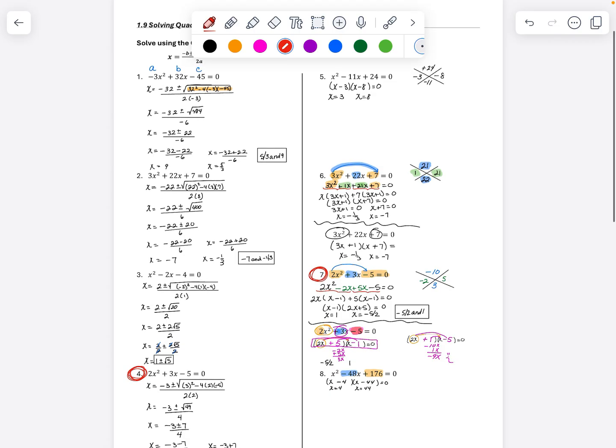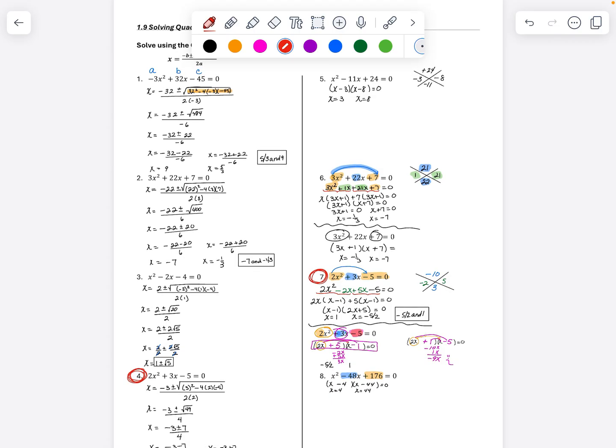I thought I did that somewhere else. 3 and 7. Yes. Number 2 and number 6 are the same problem. Tell me I got the same answer. Negative 1/3 and negative 7. Yes. Okay.